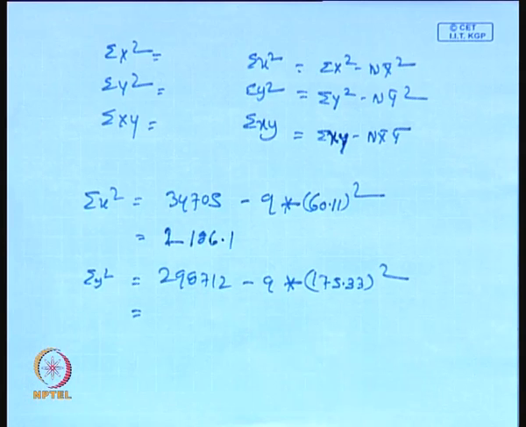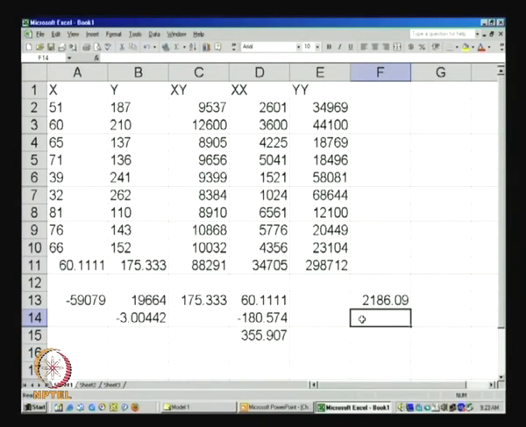Then similarly, summation y square is nothing but 298,712 minus 9 into 175.33 multiplied by 175.33.